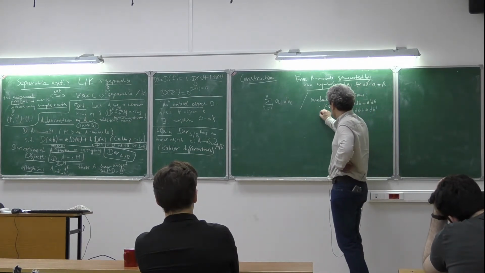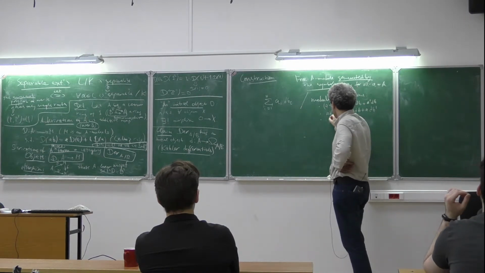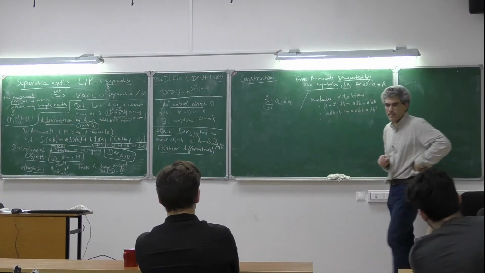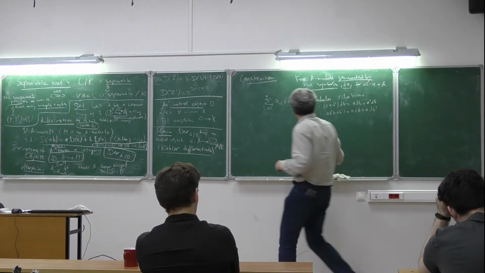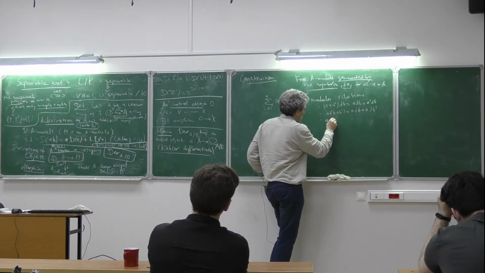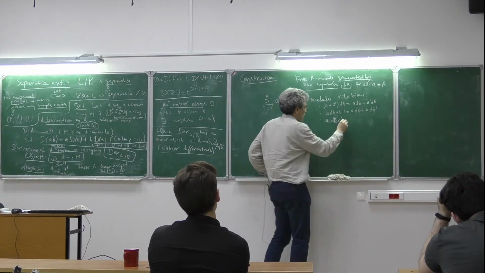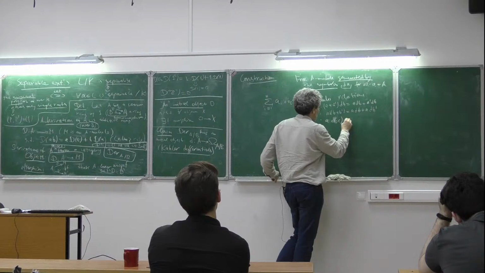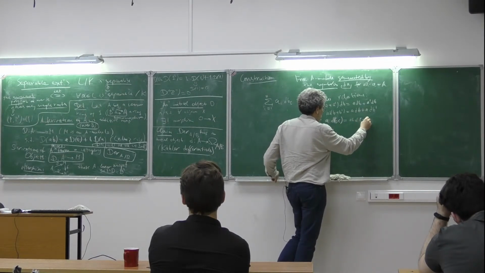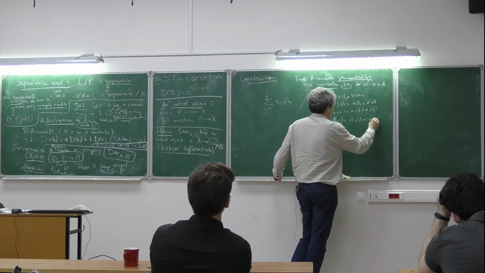Next, you want the Leibniz rule. So the Leibniz rule is what? It is a d(bc) should be the same as ab dc plus ac db.